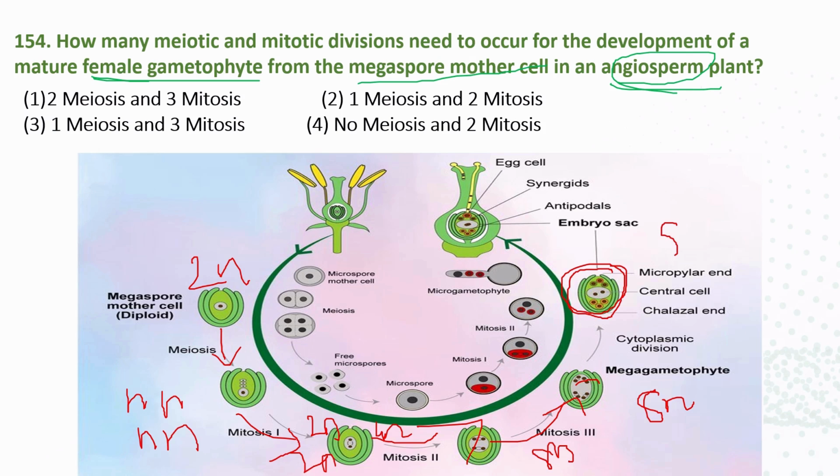We know it as the 8 nucleated, 7 celled embryo sac. So these are the divisions that occur in the female gametophyte of an angiosperm.